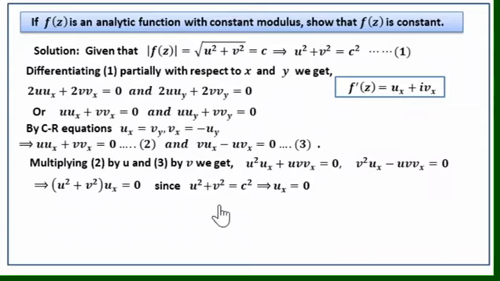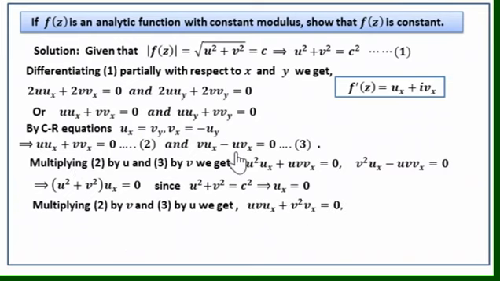Next, to get vx, we multiply equation 2 by v and equation 3 by u. The first equation multiplied by v gives uv ux plus v square vx equal to 0, and the second multiplied by u gives uv ux minus u square vx equal to 0.